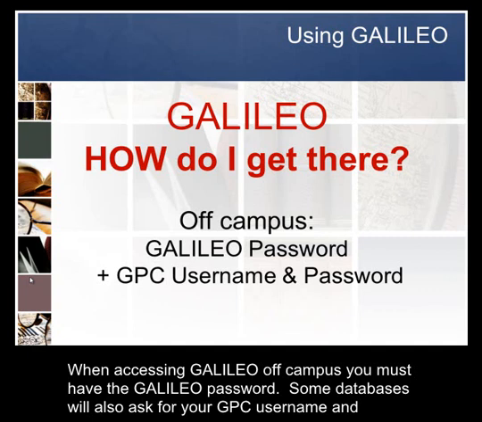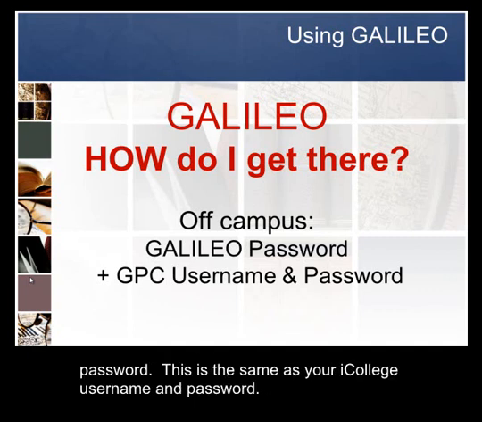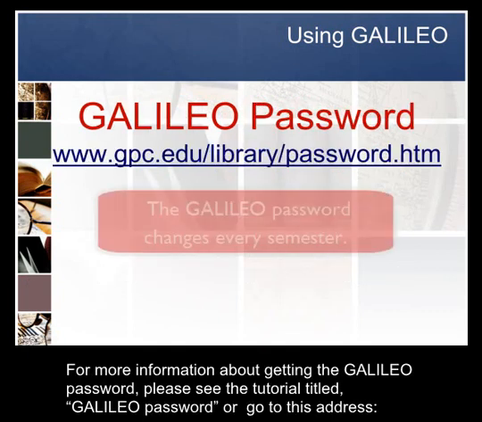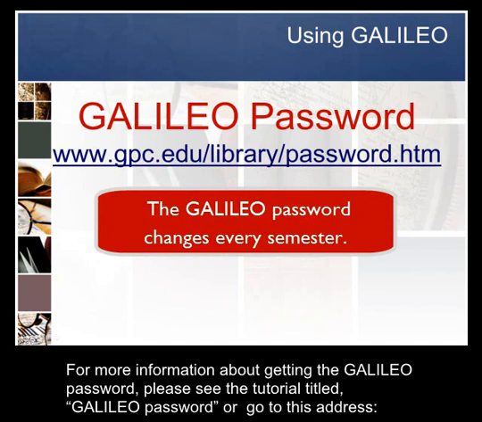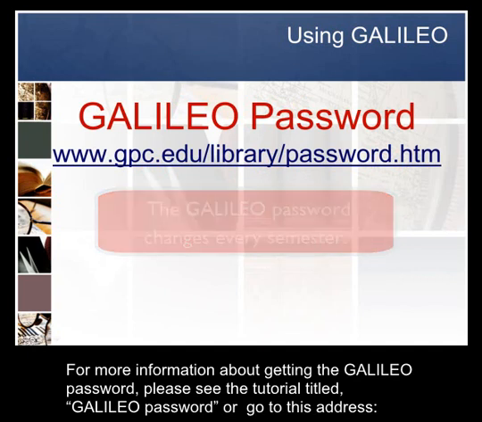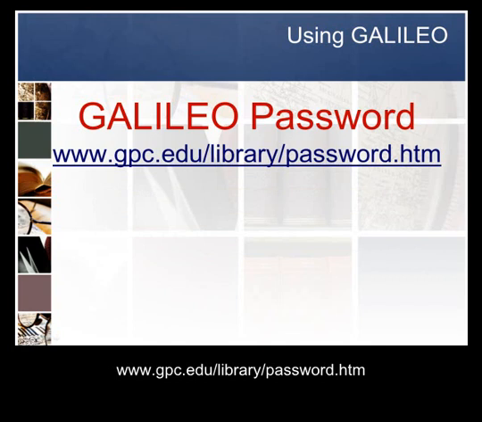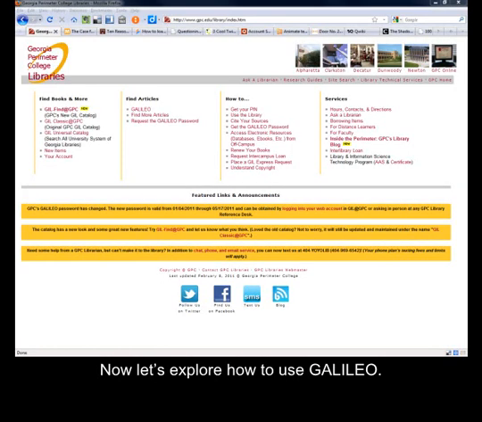Some databases will also ask for your GPC username and password. This is the same as your iCollege username and password. For more information about getting the Galileo password, please see the tutorial titled Galileo Password or go to this address, www.gpc.edu/library/password.htm.